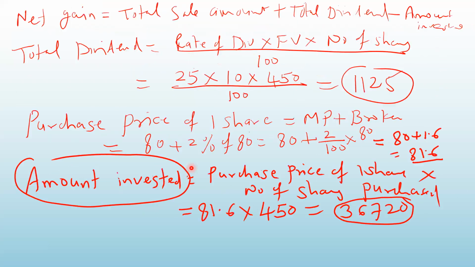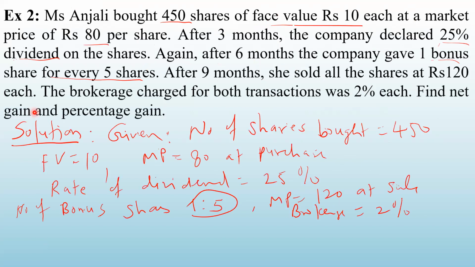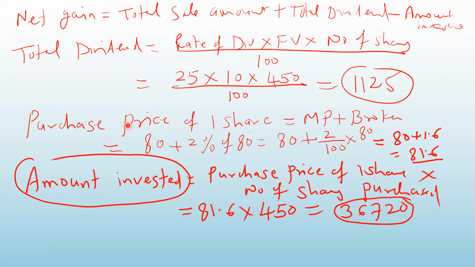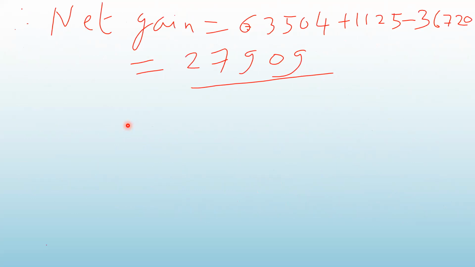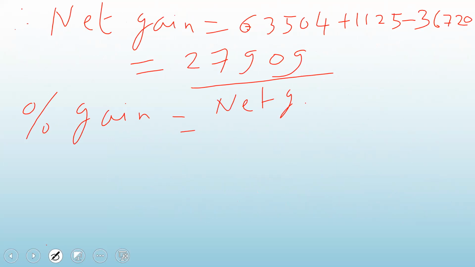Okay. Now, what else do we want to find out? Look at the question. Go back to the question. Find net gain and percentage gain. Both you have to calculate. Now find out the percentage gain. So percentage gain is equal to net gain divided by amount invested into 100.